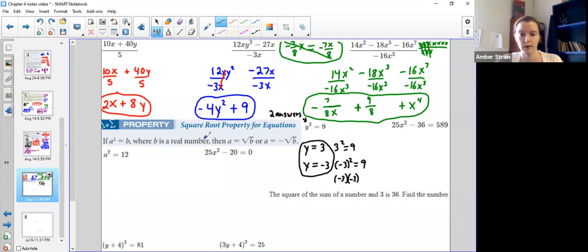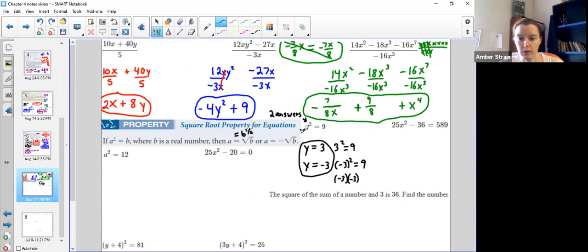So what happens is when we square root to undo this square, remember those are the backwards, the square root and the square cancel, because if I square root, remember that that is the same as the power of 1/2, b to the power of 1/2. So if I put a 2y squared over a half, you would have 2 over 2, which cancels out. The square root and the square cancel.